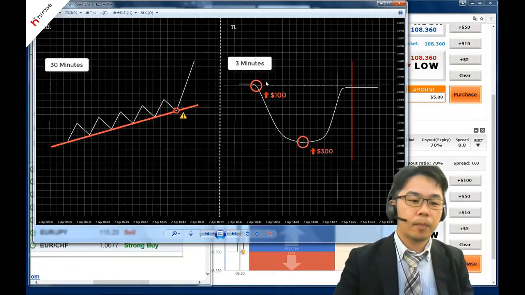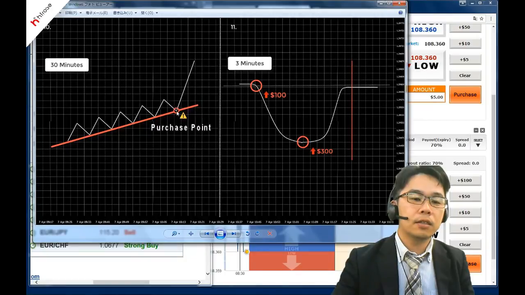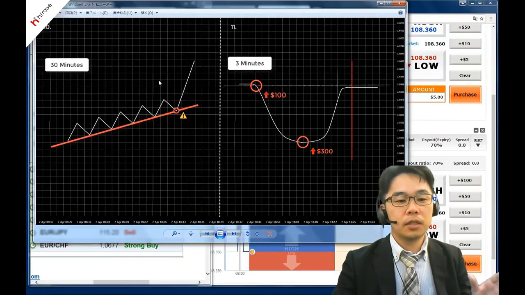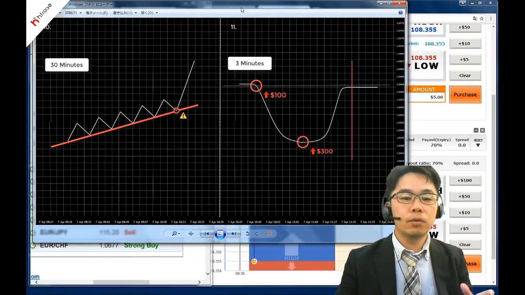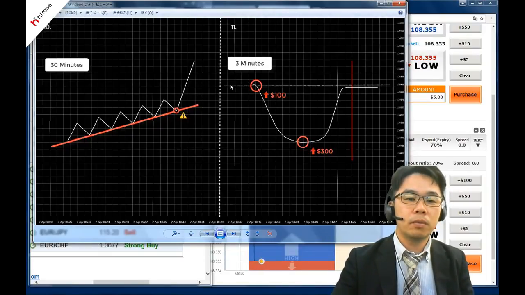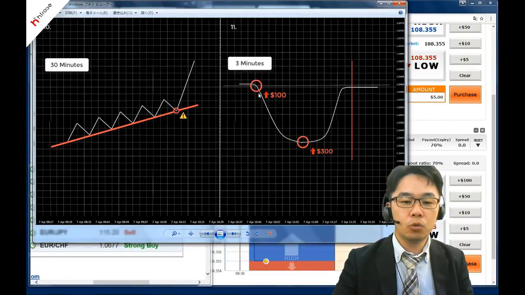Let's recap. The market can move zigzag, right? And this is the point where you want to make a purchase high. But the market is always moving zigzag, so within 3 minutes, sometimes the market price can move against you. For example, at this point you make a purchase high of 100, but then the market can move against you, going down.